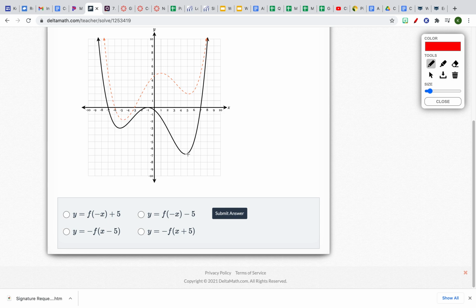I didn't notice. This actually corresponds to this. It has been flipped across the x-axis. So, the y-axis. This has been reflected across the y-axis. So, if it's been flipped across the y, my negative needs to be out front. And then we have to move it up 5.